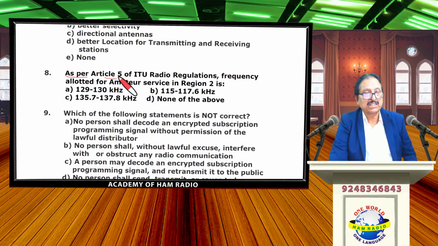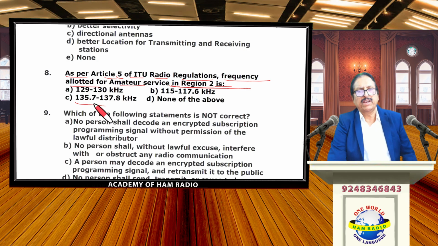As per Article 5 of ITU radio regulations, the frequency allotted for amateur service in region 2 is 135.7 to 137.8 kilohertz. It is a very low frequency.